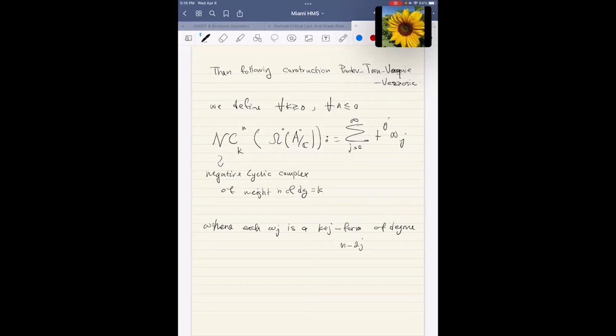So when you set k equal to 2, for instance, you have this 0 piece, which is just a 2 form, but you have many other pieces in other degrees over A0, A-1, A-2. So it's a series of 2 forms, okay?